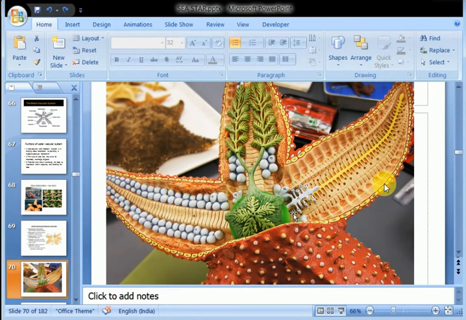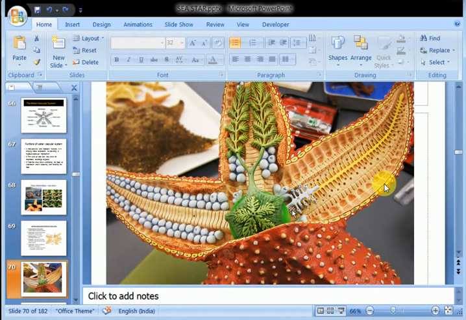Also, you see alternatingly these lateral canals are short and long. This is the shorter one, this is the longer one. So it looks like these two rows are there, right? But actually there is a single row, and because of the difference in the length of these lateral canals, it appears that there are two rows.